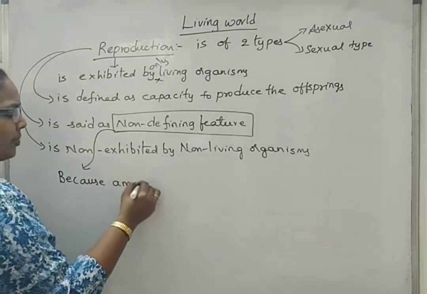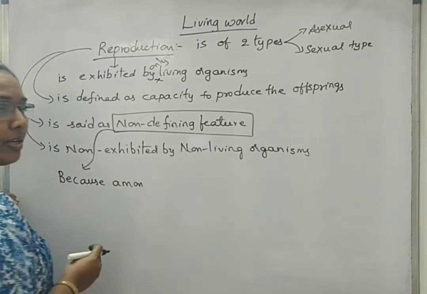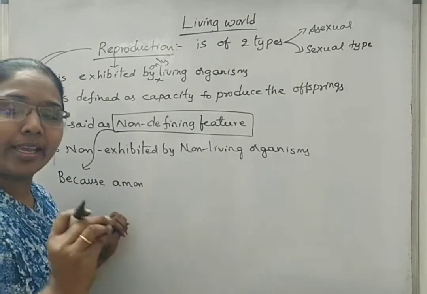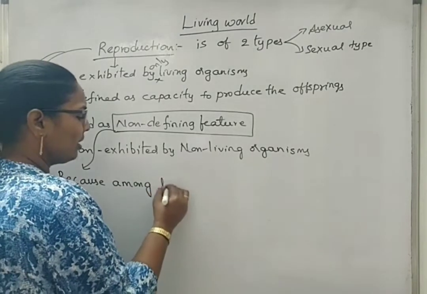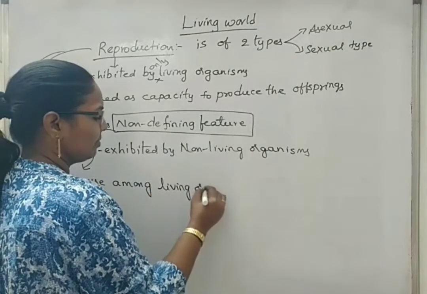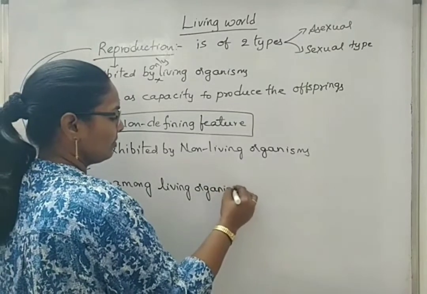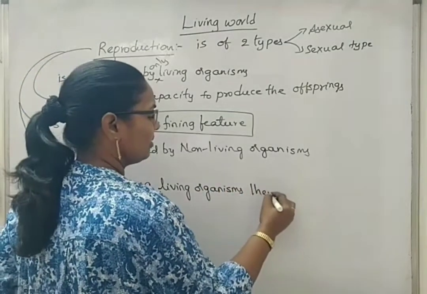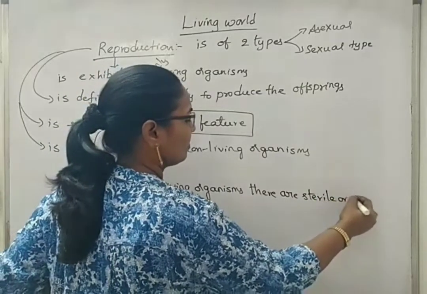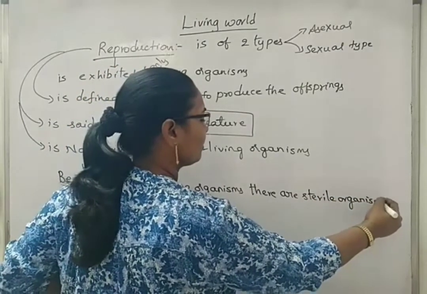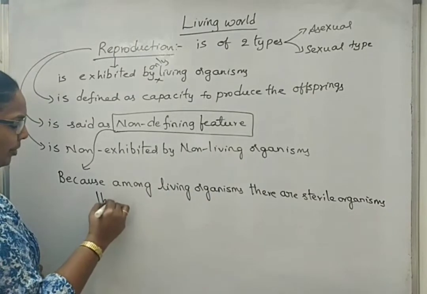among living organisms, there are some types of sterile living organisms which cannot show either asexual or sexual mode of reproduction. Because among living organisms, there are sterile organisms that cannot reproduce.